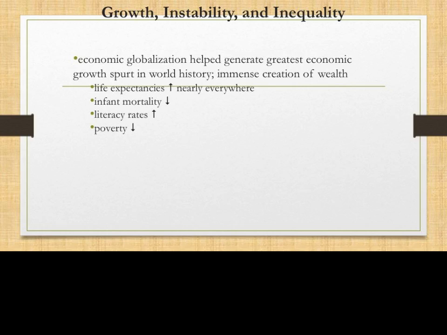Okay, growth, instability, and inequality. Economic globalization accompanied, and maybe helped generate, the greatest economic growth spurt in world history. It's led to immense creation of wealth. Life expectancies rose nearly everywhere. Infant mortality declined. Literacy rates increased. And there's been a great decline in poverty.